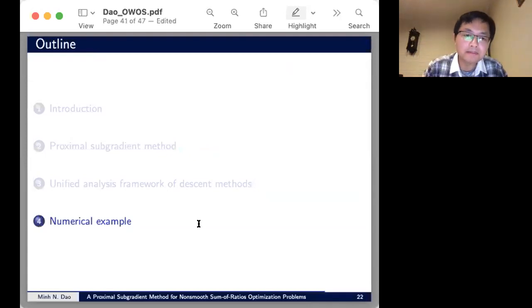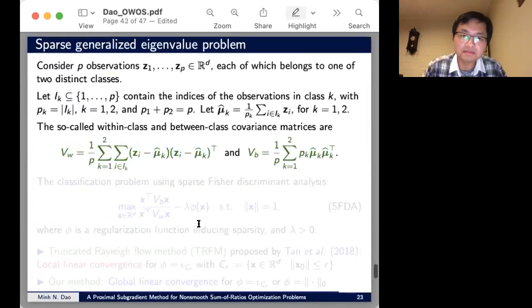Now we arrive at a numerical example to illustrate our method. We consider the sparse generalized eigenvalue problem, as I mentioned before.